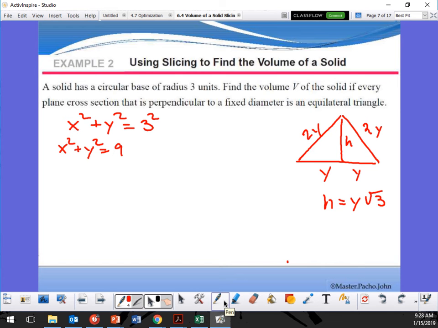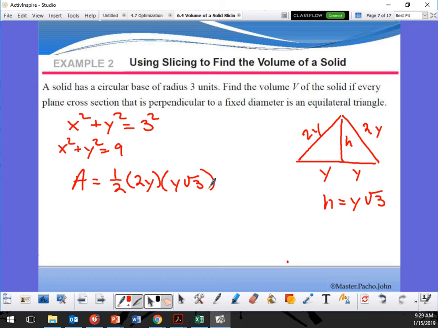So now, perpendicular to a fixed diameter. Okay, so find the volume V of the solid with every plane cross-section. Now, can we find the area of that? What shape is that? Triangle, so let's go with that. So area is equal to 1/2 times 2y times y root 3.